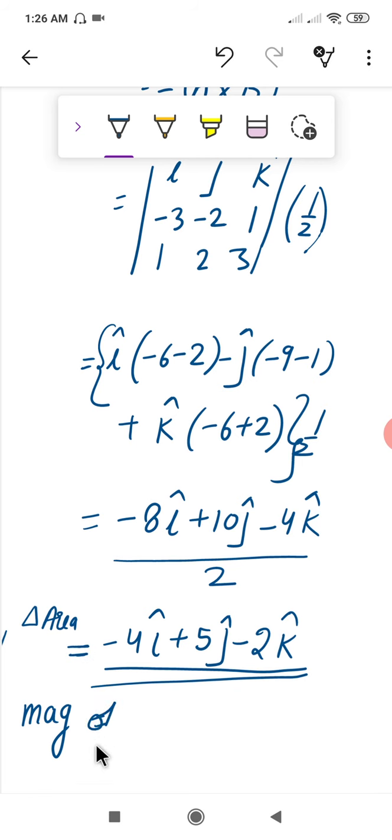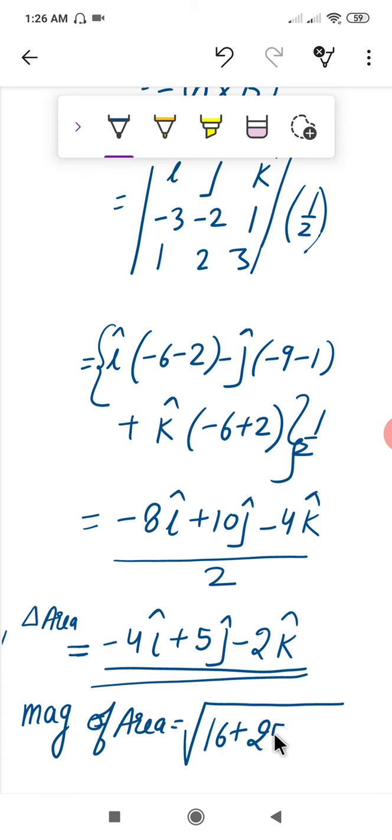So the magnitude of area is under root (-4) square plus 5 square plus (2 square minus 2 square), and that will give you under root 45, that is 3 root 5. This is the answer.